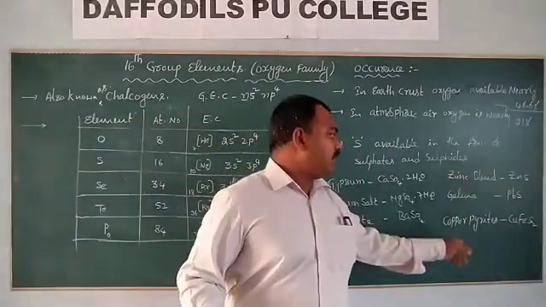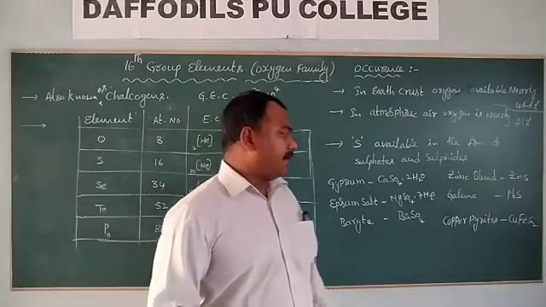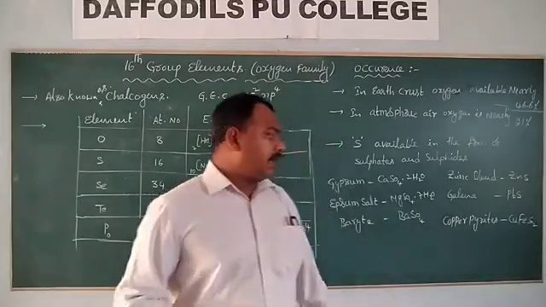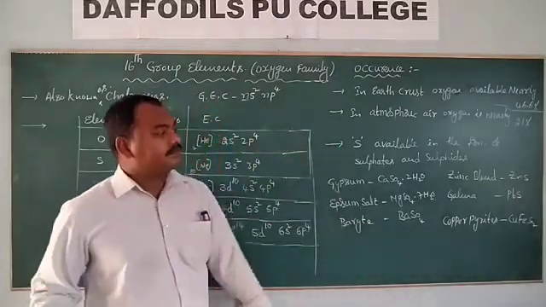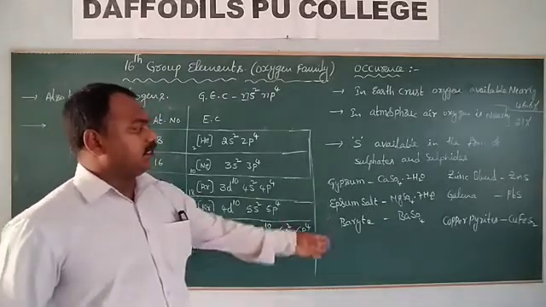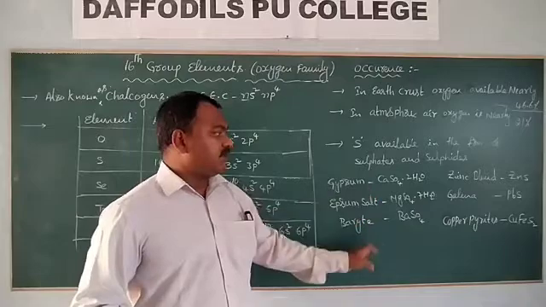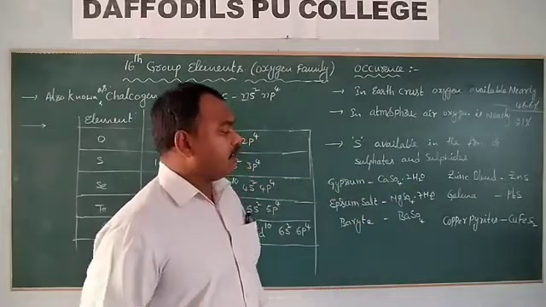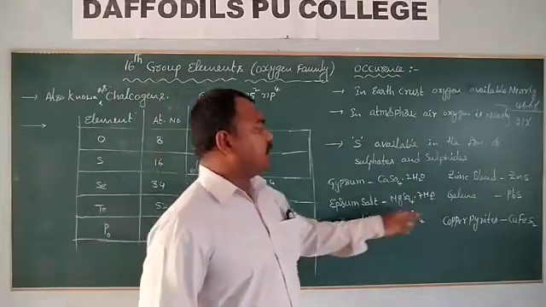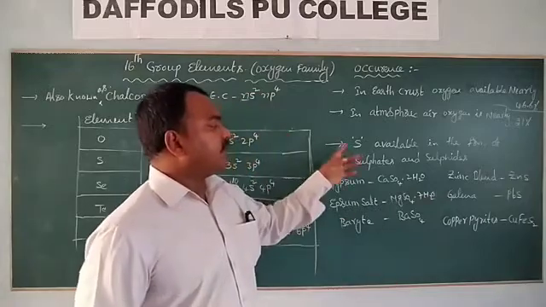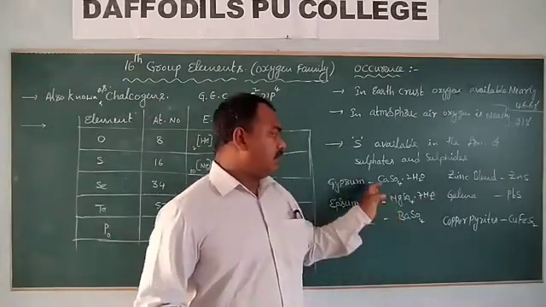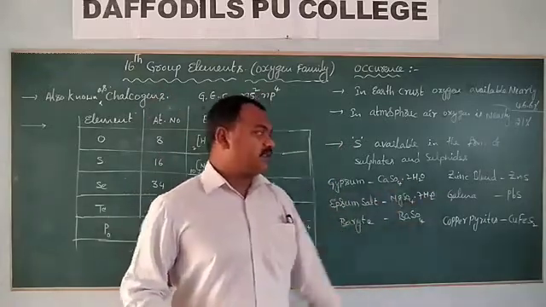So zinc blende, galena, copper pyrites, and iron pyrites are all sulfide ores. Gypsum, epsom salt, and barite are the sulfate ores. Sulfur is available in either sulfates or sulfides.